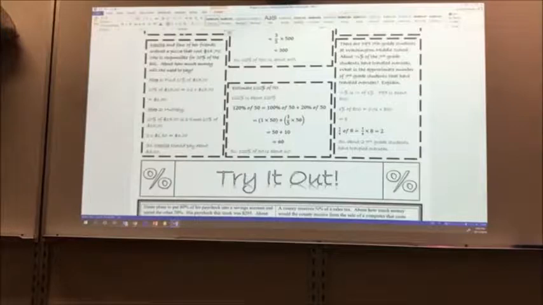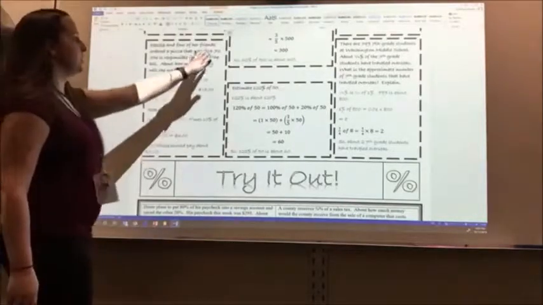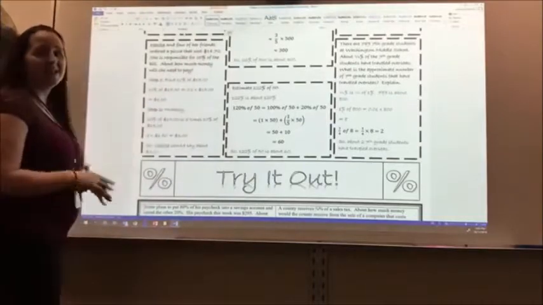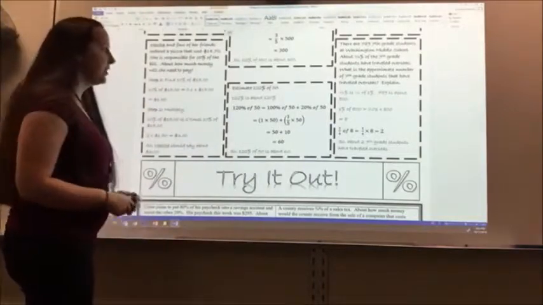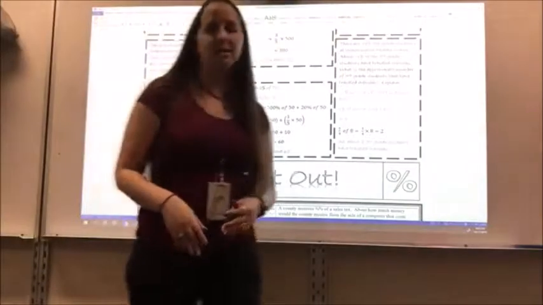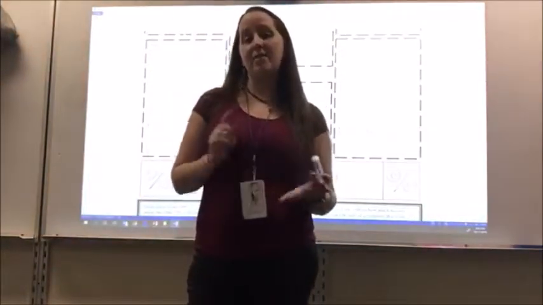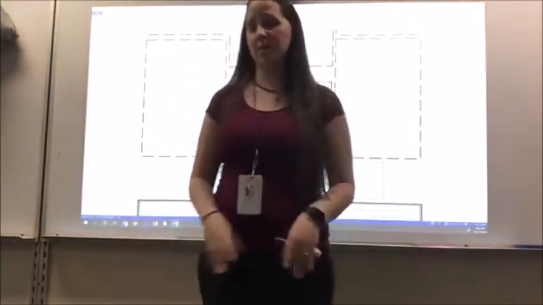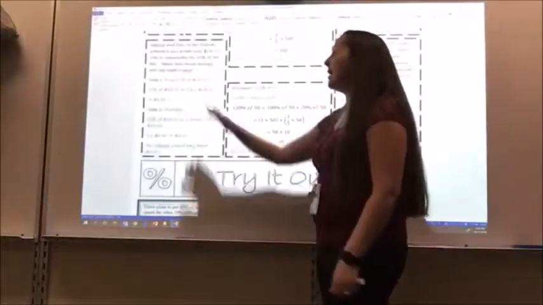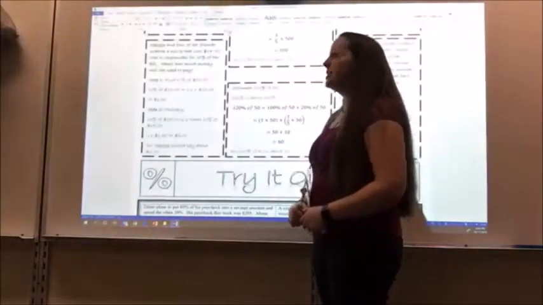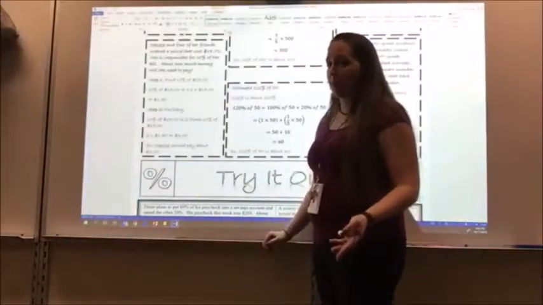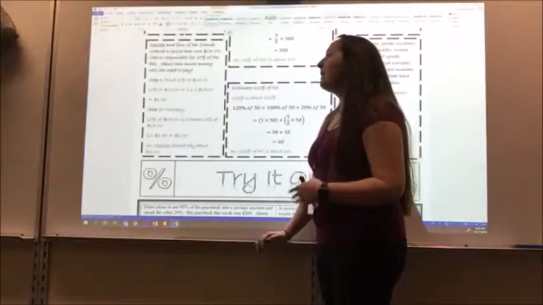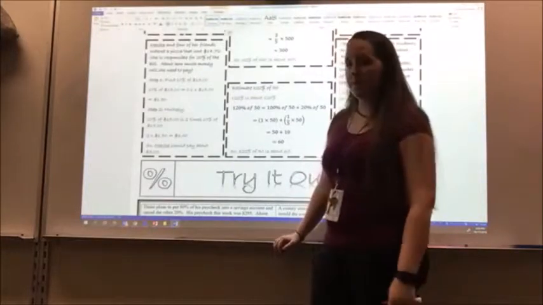I rounded 14.72 to $15, a nice, easy number. You want to think easy numbers when you're dealing with estimation: things that end in 5s and 0s are the easiest numbers to deal with. So 10% of 15, 10% is 0.1 when we change it to a decimal, times 15 is $1.50.